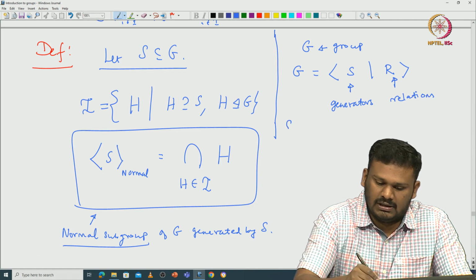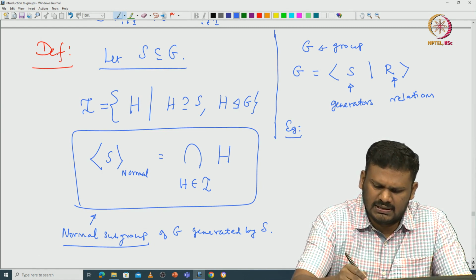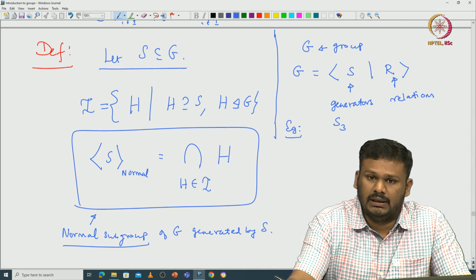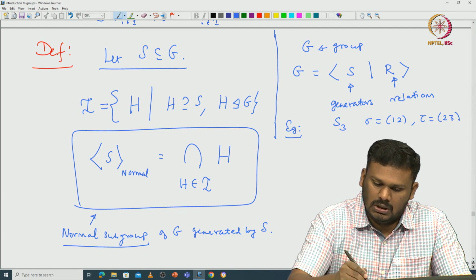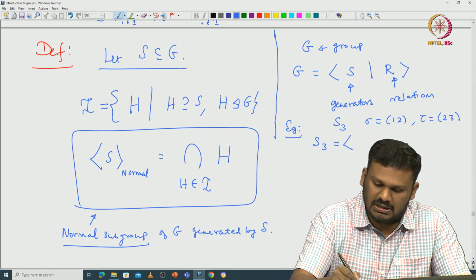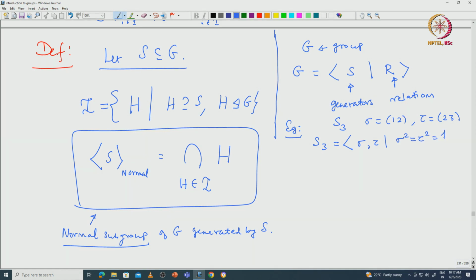So, for example, if you take S3, you can take these particular elements sigma, (1 2), and tau, (2 3). Then S3 has this presentation. It is generated by sigma and tau such that sigma squared and tau squared are identity, and sigma tau, I guess, to the power 3 should be identity.